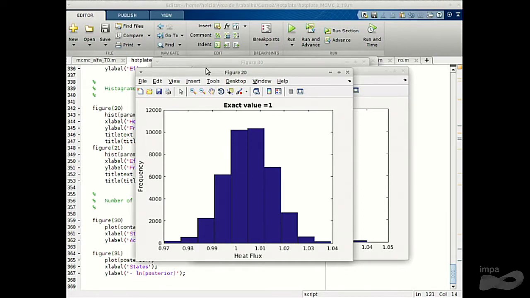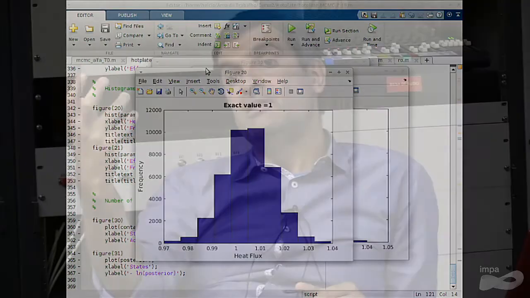We have fixed it with an informative prior. So when we estimate the heat flux, we are actually taking into account all the uncertainties that are considered in the effusivity of the reference material that's being used for calibrating our instrument, our sensor, okay?